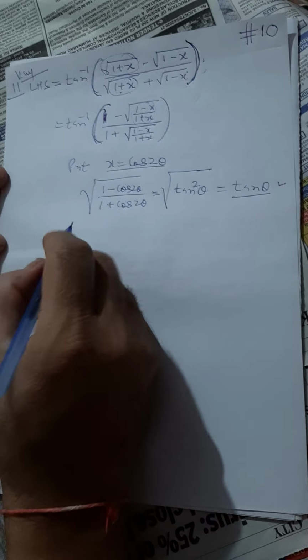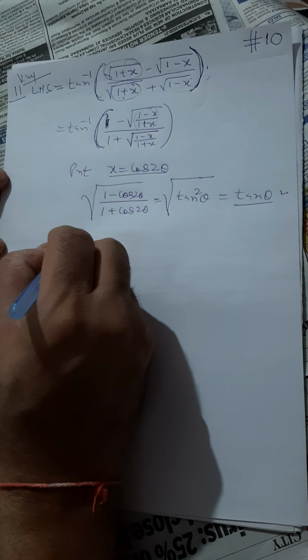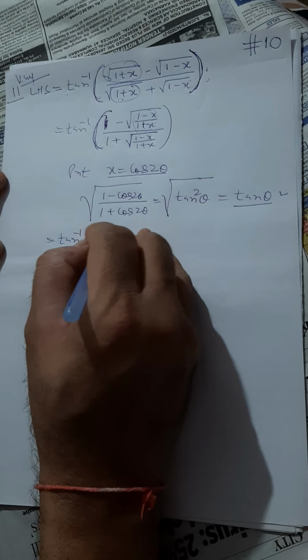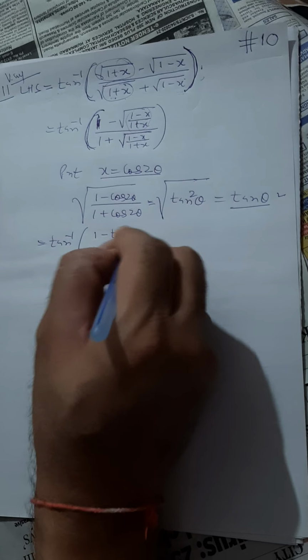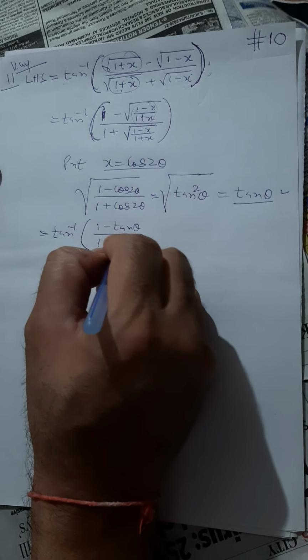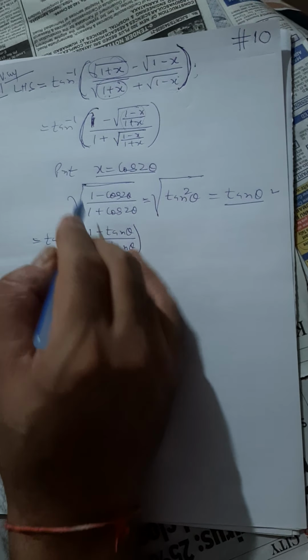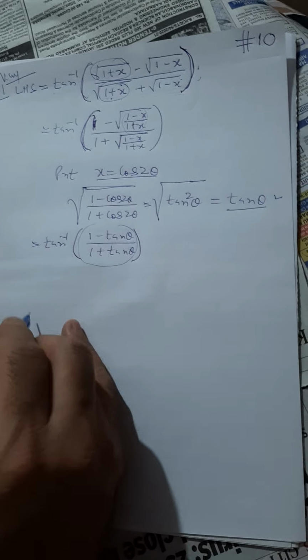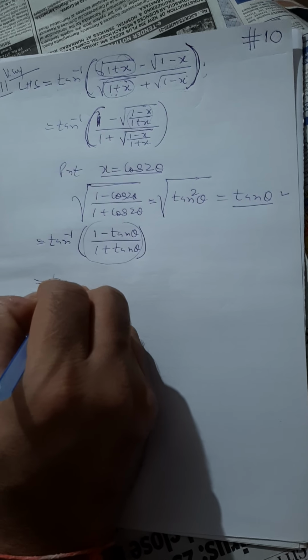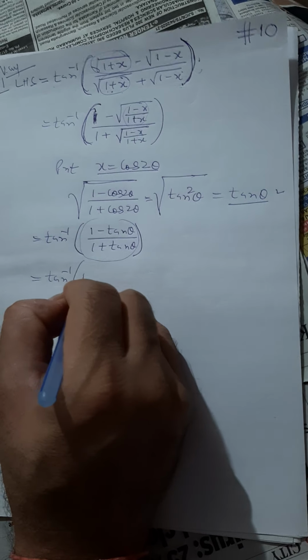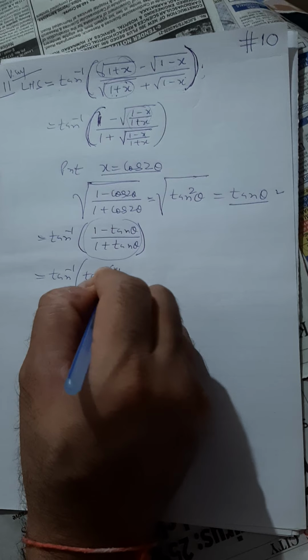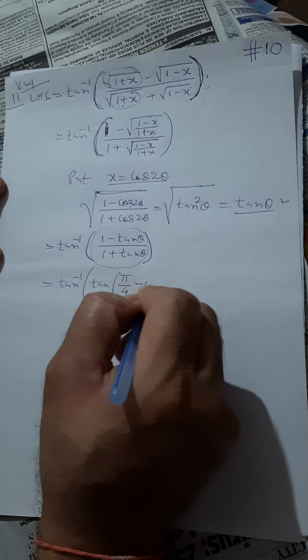So at this place, tan inverse, this is 1 minus tan theta upon 1 plus tan theta. Now we already used this concept earlier. This is just a known trigo tan formula. So this you can rewrite as here tan of pi by 4 minus theta.